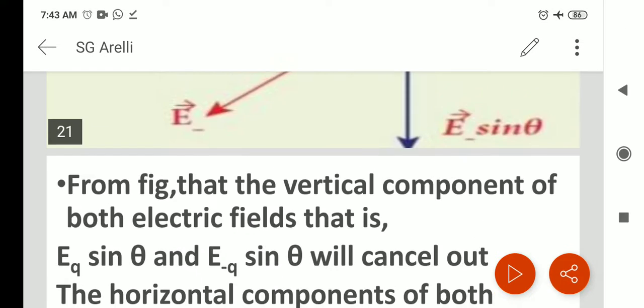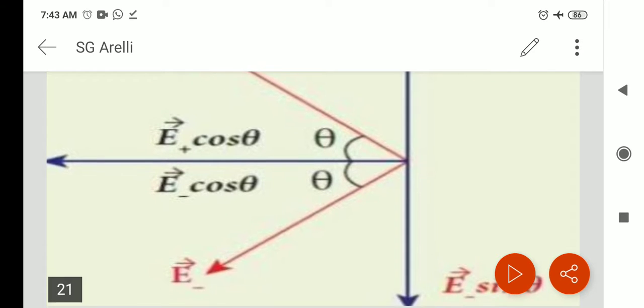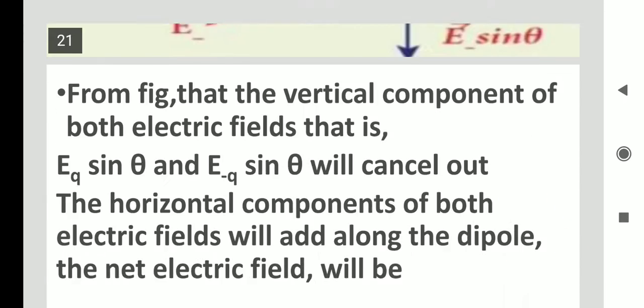So what is the horizontal component? The horizontal components are E_plus Q cos theta and E_minus Q cos theta. Therefore, the net electric field on the equatorial plane can be considered with a negative sign, indicating it is opposite in direction: minus of (E_plus Q plus E_minus Q) cos theta p cap.